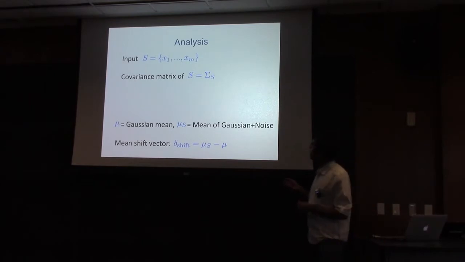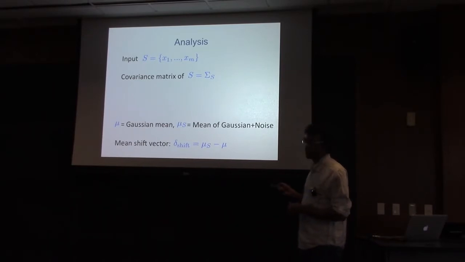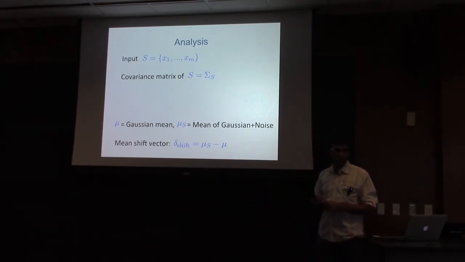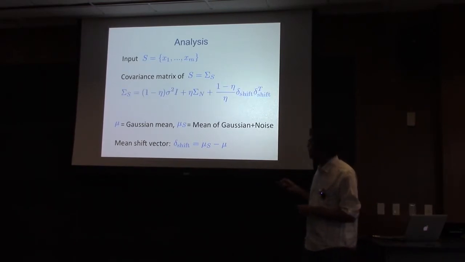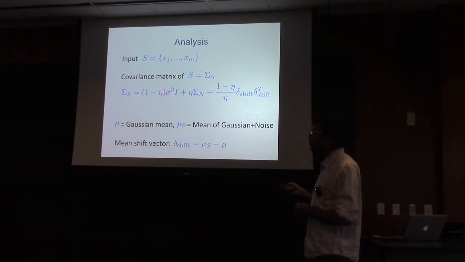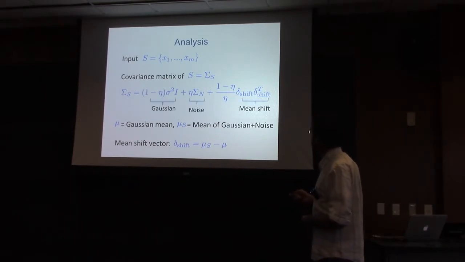So let me denote the set of input points by S, and the covariance matrix by sigma S. The mean of the Gaussian is mu, and the mean of Gaussian plus noise is mu S. We can write the covariance matrix in terms of the covariance matrix of the Gaussian and the covariance matrix of the noise part.